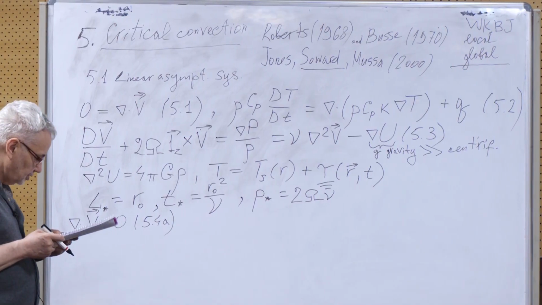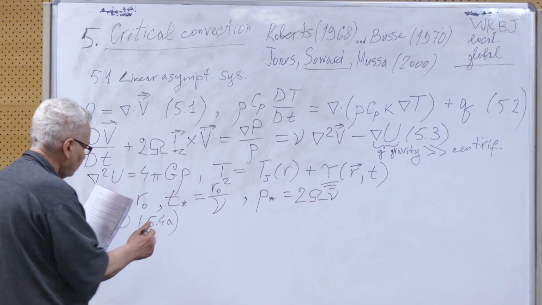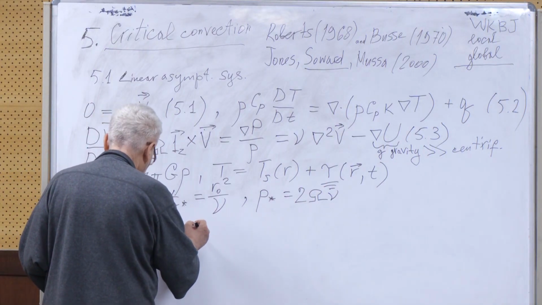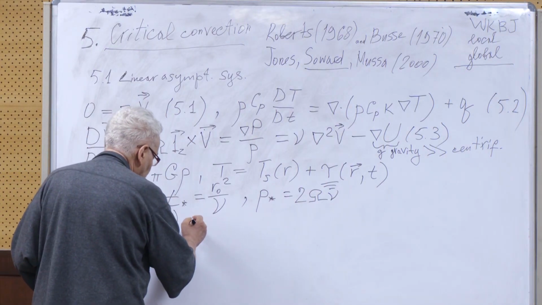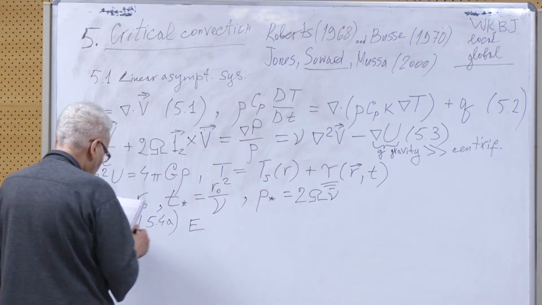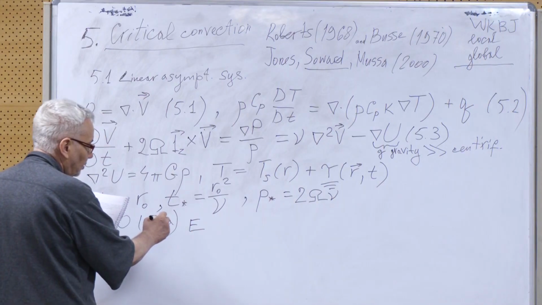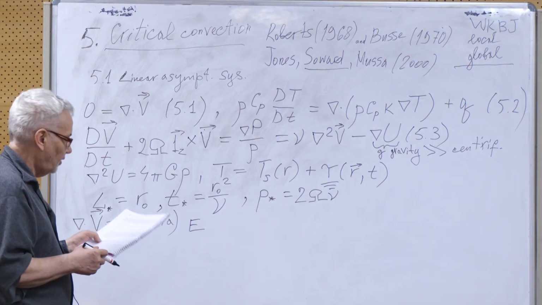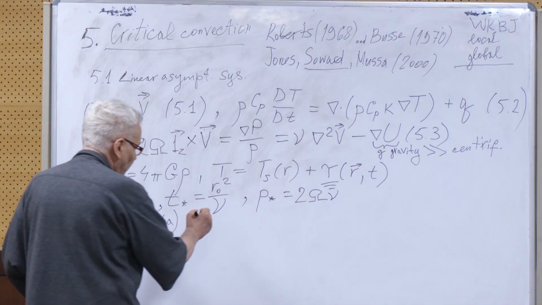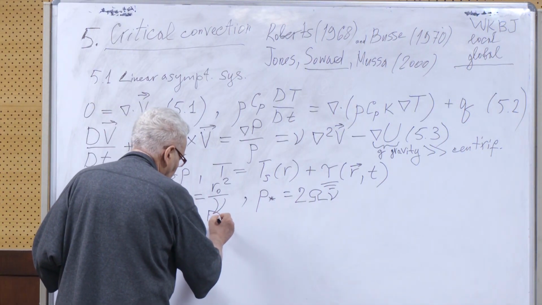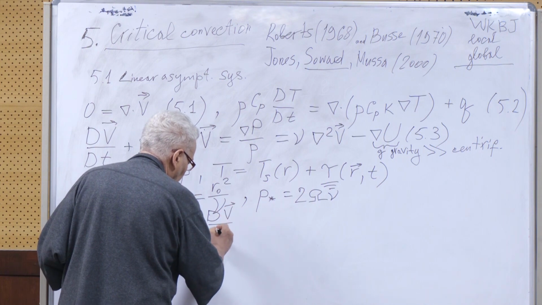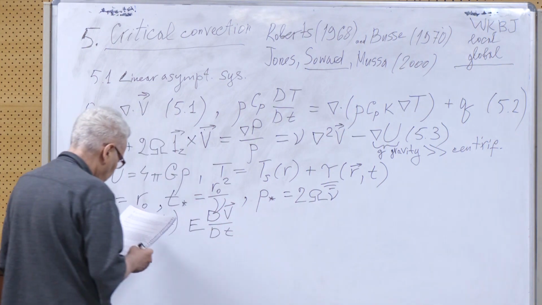Then the next in importance is the Navier-Stokes equation itself, and it has a very interesting form. There is the Ekman number, which you know, so I will not define it here; I just wrote it in the right place. There is the substantial derivative of the velocity.